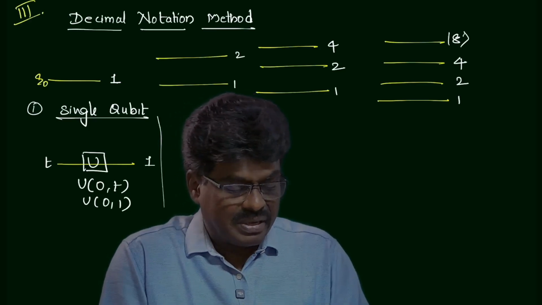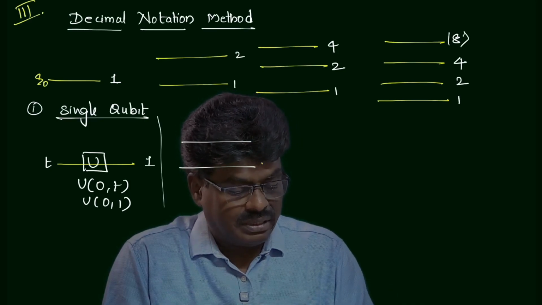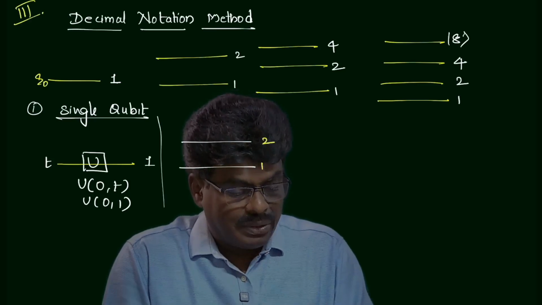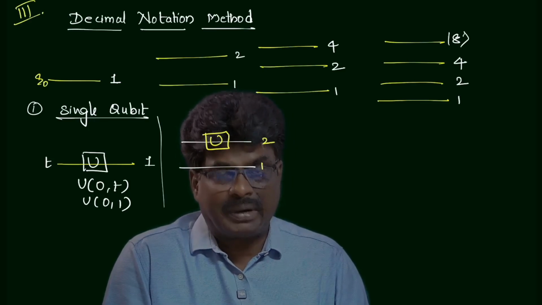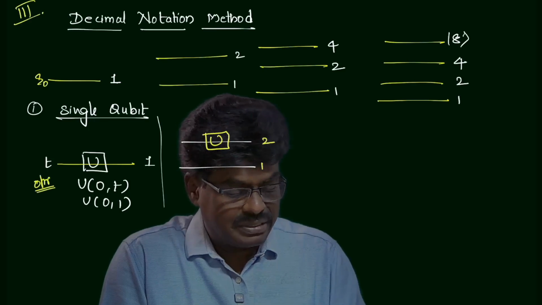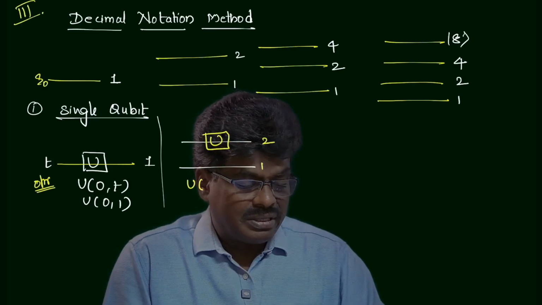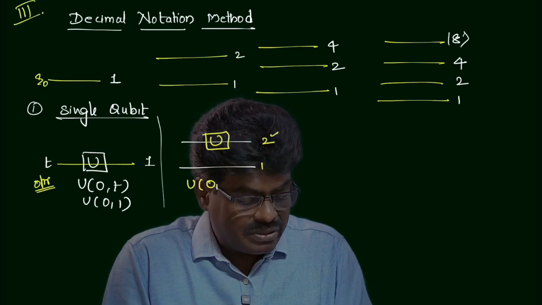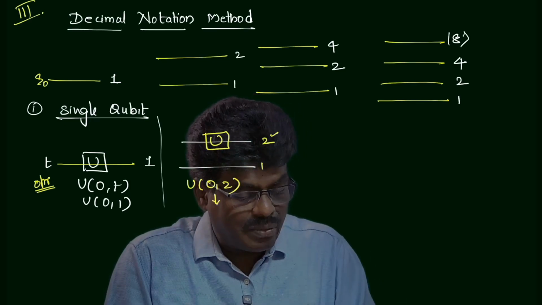Now, for example, you have 2 qubits, that is 1 and 2, but you have a single gate here itself. Then how to proceed, how to get these operations? I have already explained everything. The operation is U of, first U is on this second state, that's why you have to take 0 comma 2. After that you have to add whatever the remaining.